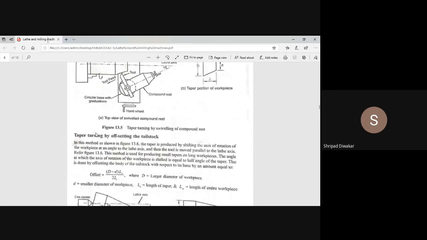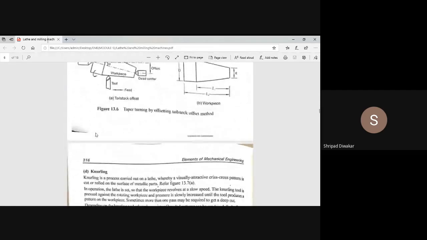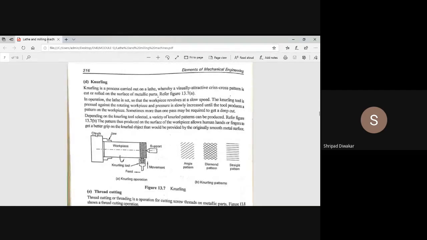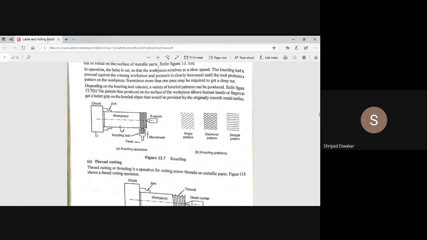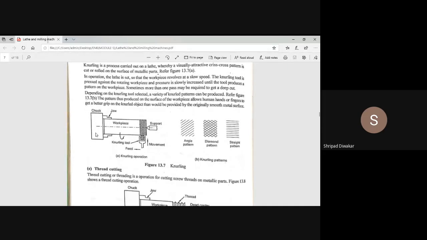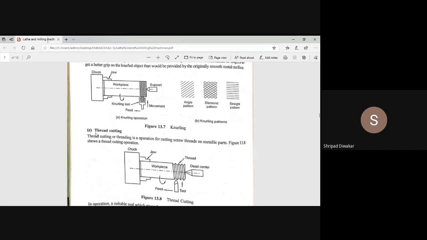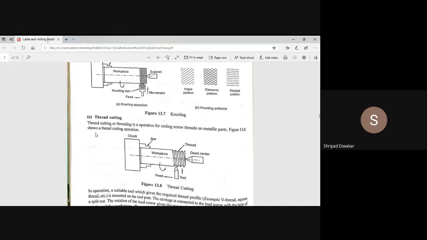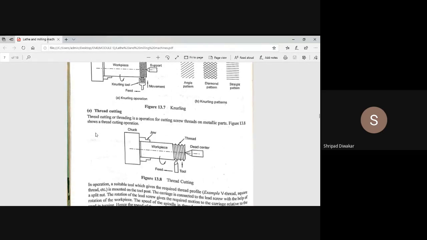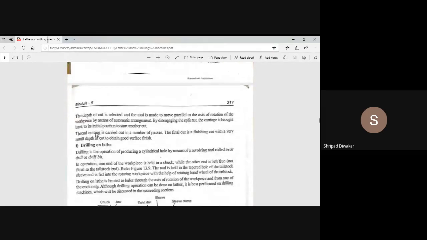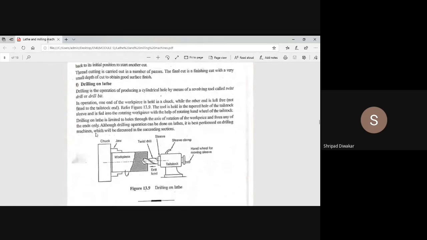Fourth operation is knurling. Knurling means generation of a specified pattern on the given workpiece. And then thread cutting means generation of threaded structure on the metallic parts. And then the last one is drilling, generation of a cylindrical hole in a solid workpiece.